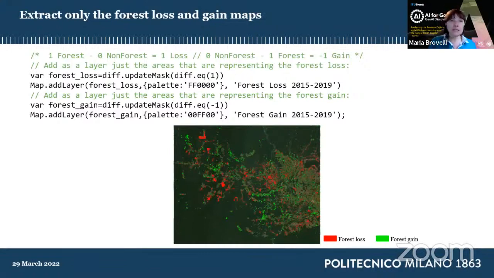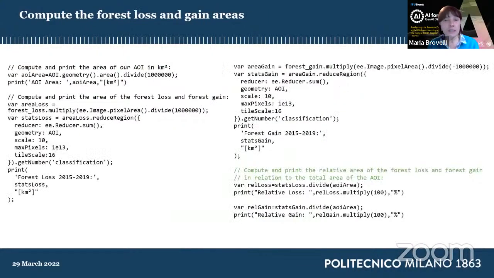We have that 1 is forest, 0 is non-forest, and therefore we can obtain the map corresponding to the forest loss and the forest gain, giving the color we want to these two values, and then also computing the area corresponding to the forest loss and the forest gain. And this concludes our exercise.